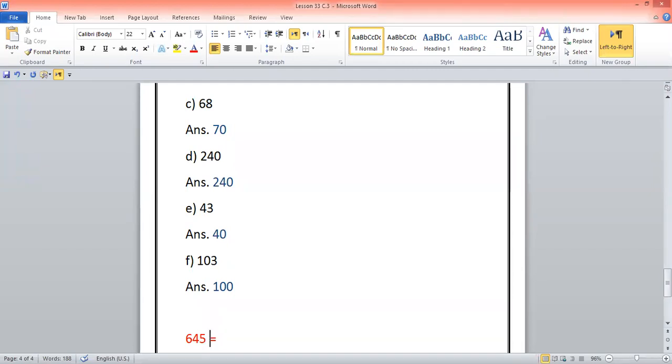If you are rounding up to 10, you will check what place comes before 10, that is ones. If you are rounding up to the nearest 100, you will check what place comes before 100. So can you tell me what place comes before 100? Tens.